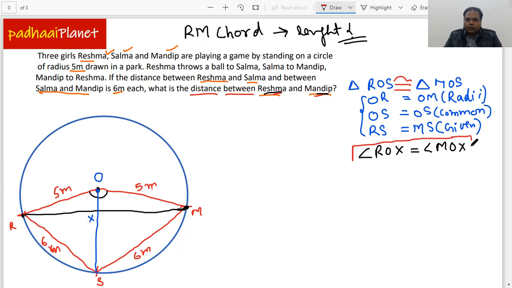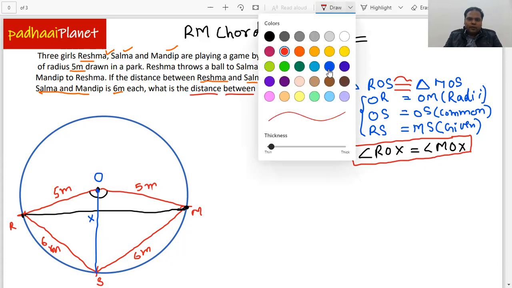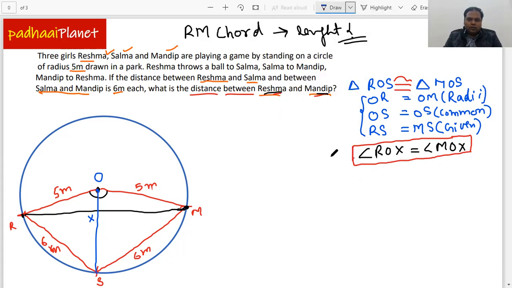Okay. Now we will take another pair of triangles: triangle ROX and triangle MOX.